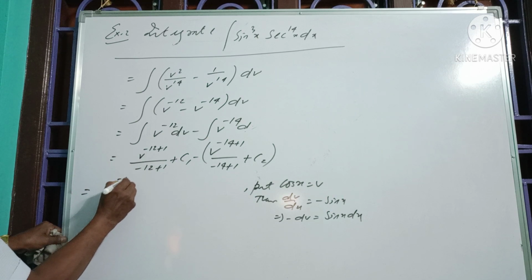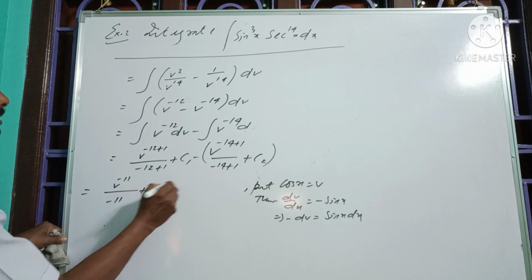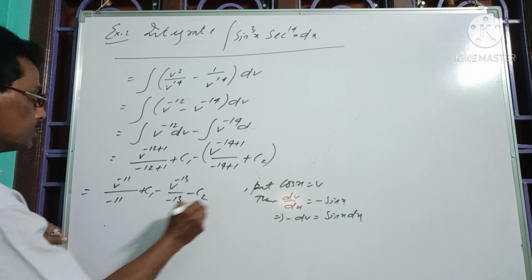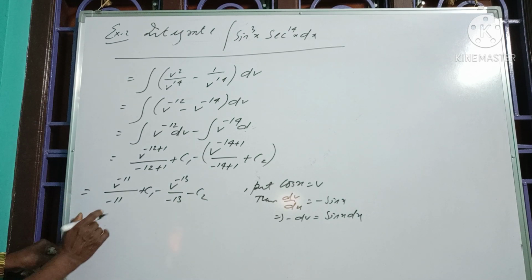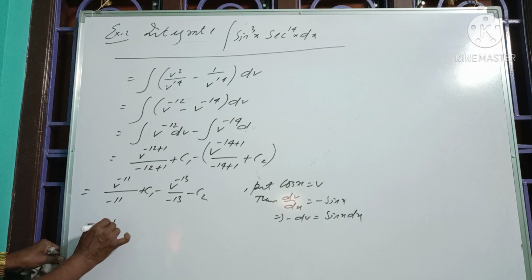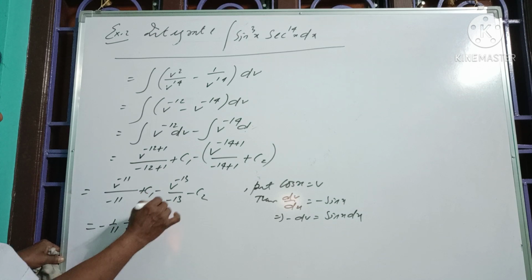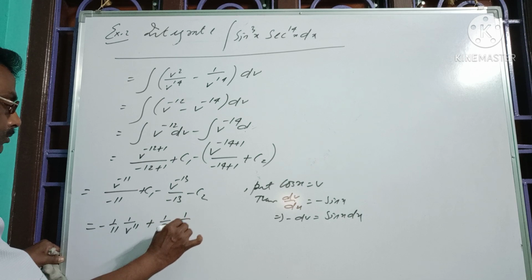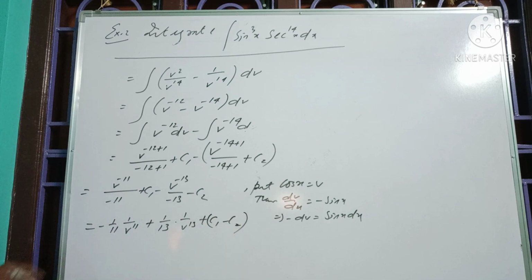v to the power minus 11 by minus 11 plus c1 minus v to the power minus 13 by minus 13 minus c2. So again collecting the constants and the functions, we have minus 1 by 11 into 1 by v to the power 11 plus 1 by 13 into 1 by v to the power 13 plus c1 minus c2 as the constants of integration.